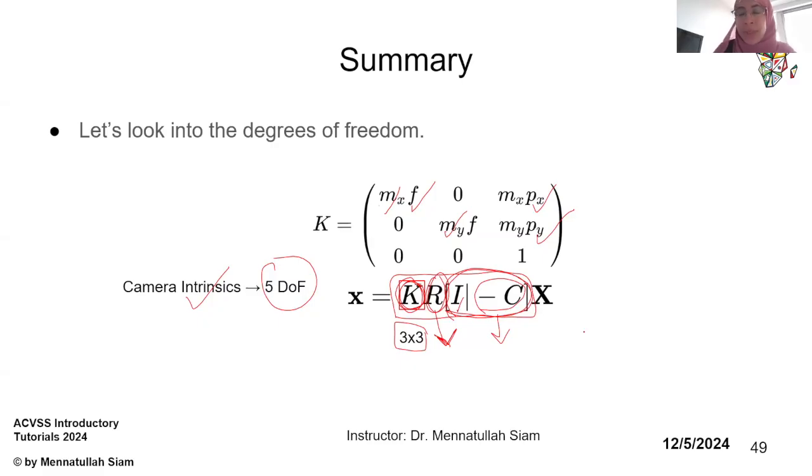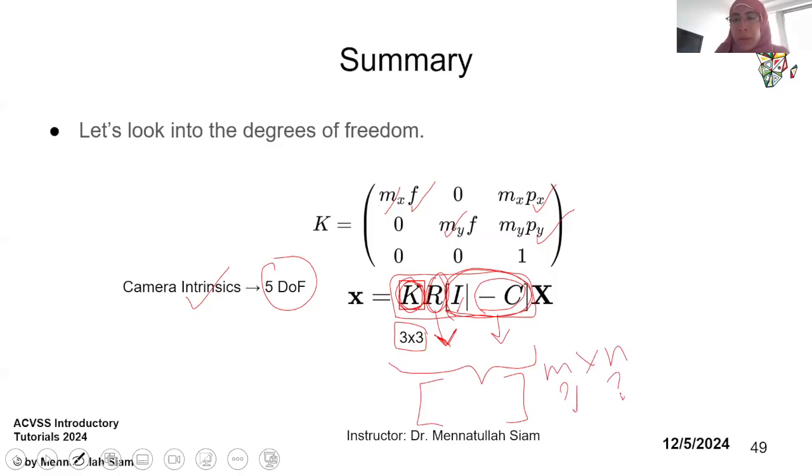Okay, I can ask a simpler question. What do you expect would be the final shape, the size, of any projection matrix that goes from 3D to 2D? So it's M by N. What is M? What is N? It's a simple question.